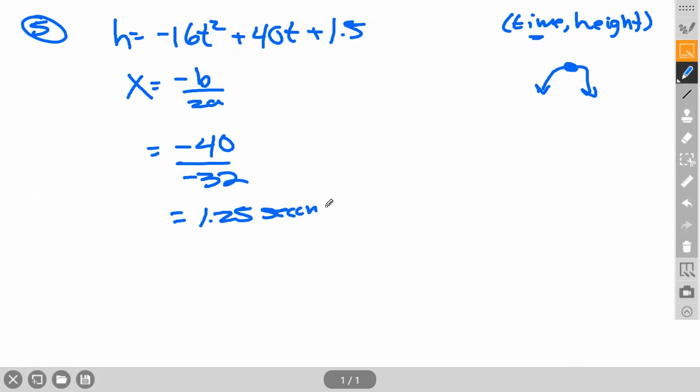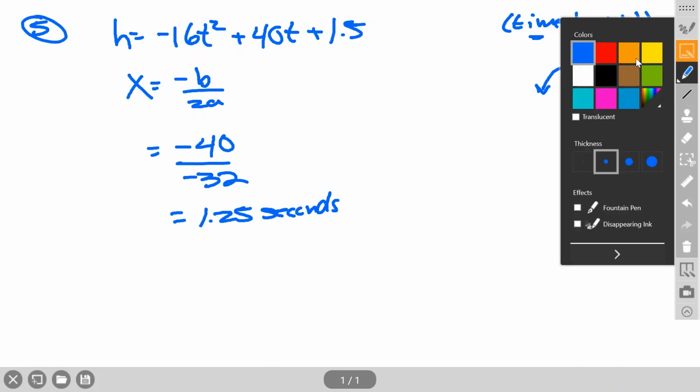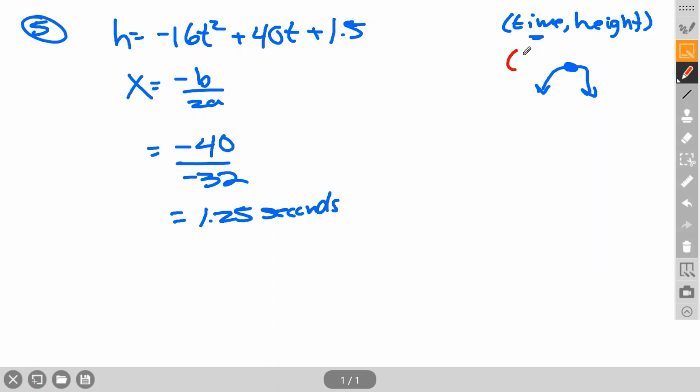This is the only time we'll use decimals, when we're working with real-world problems. So since we're working with real-world problems, we are okay to use decimals, but this is the only time. So 1.25 seconds is how long it takes to get there.